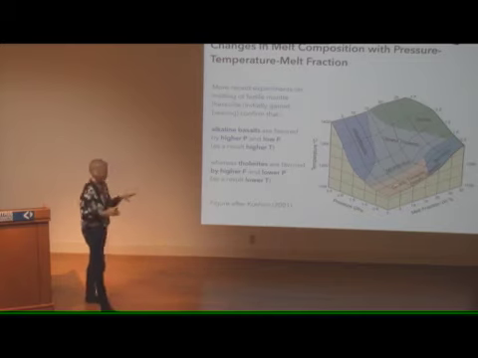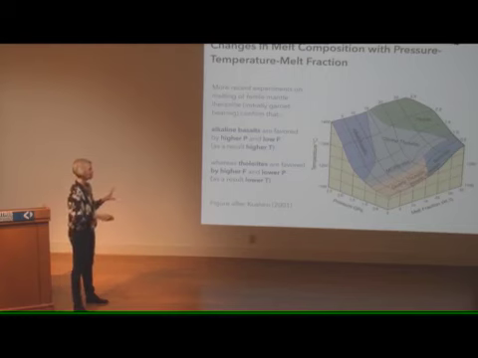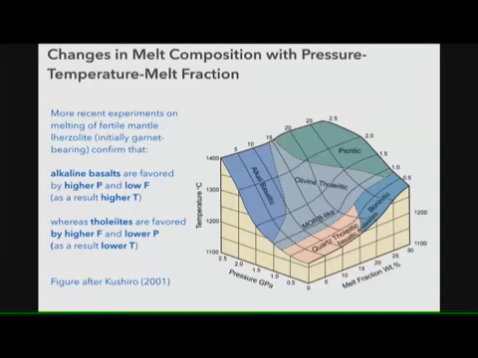So you can see that with just these three variables, we can explain a lot of the compositional variation that we see in dry, primitive magmas. This work has been relatively well established now, starting with people like Kushiro in the 60s and moving forward successively with many generations of experiments.